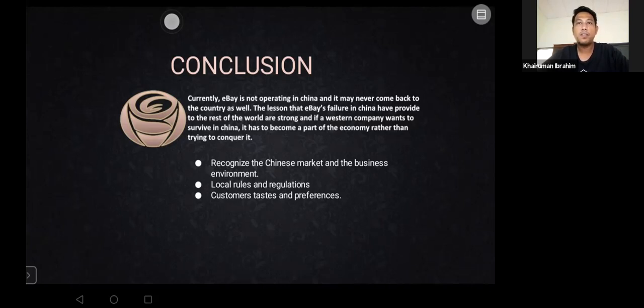So eBay ran the Chinese operation from the US, and we know that they had poor customer service. They only focused on auctions, while the customers wanted fixed price sales, and they did not do much else than translate their global website into Chinese.